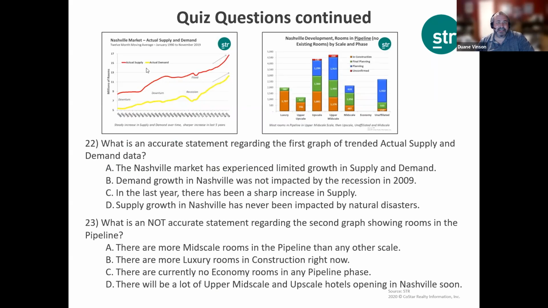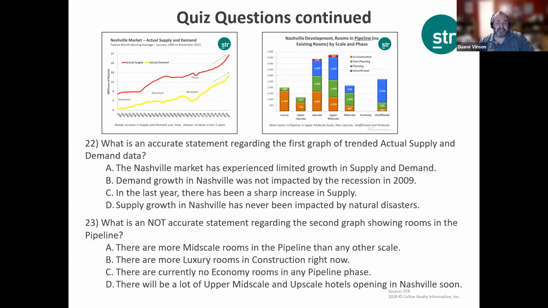Hopefully you can see these graphs are a bit small there. Number 22, it says, what is an accurate statement regarding the first graph of trended actual supply and demand data? You can make that out up there.